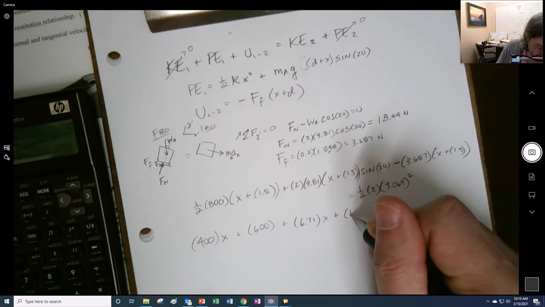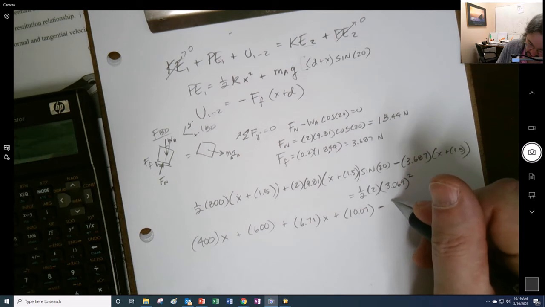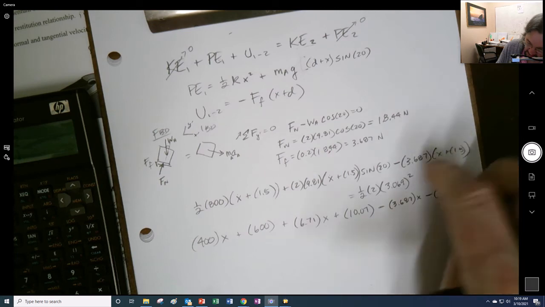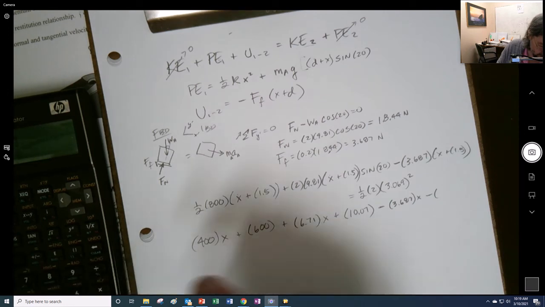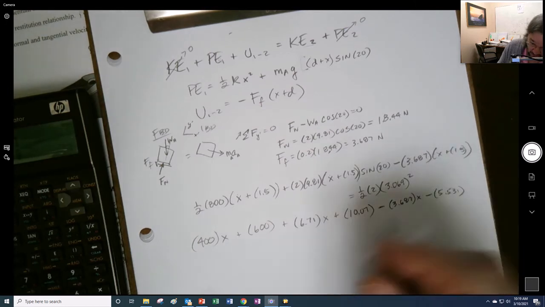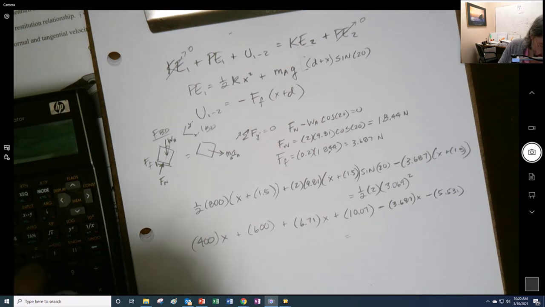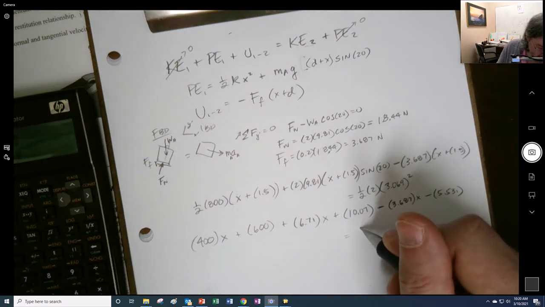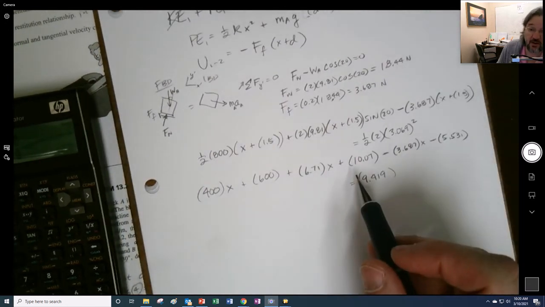So we get 10.07. We're going to subtract out 3.687x, and then that's going to be minus 3.687 times 1.5. So that's going to be a minus of 5.531 right here, and then that's going to be equal to 3.069 squared times 2 divided by 2, 9.419.